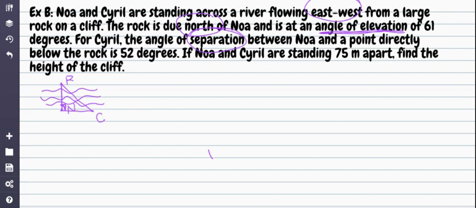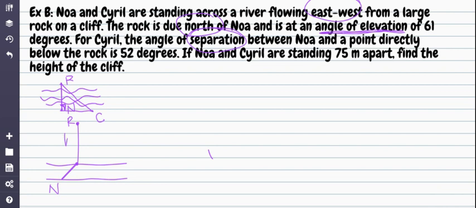So I usually draw my 3D, I'll draw my height like this. So my rock is up here, right? And this is a cliff. And then I've got my river flowing. And then Noah is here, right? And so you can see that there is a point below the cliff, or below the rock, along the bottom of the cliff.